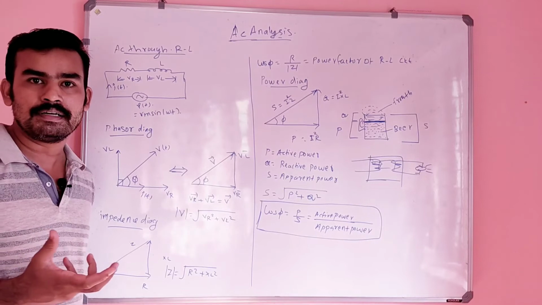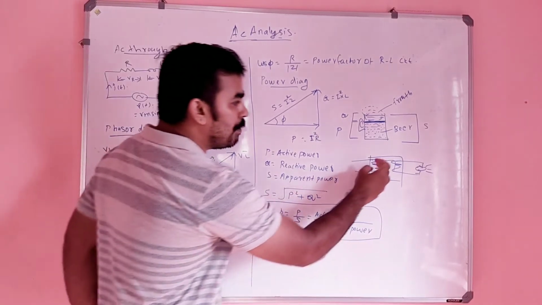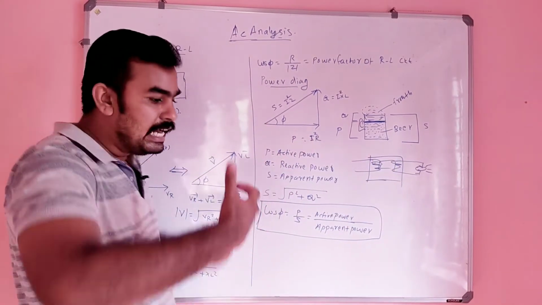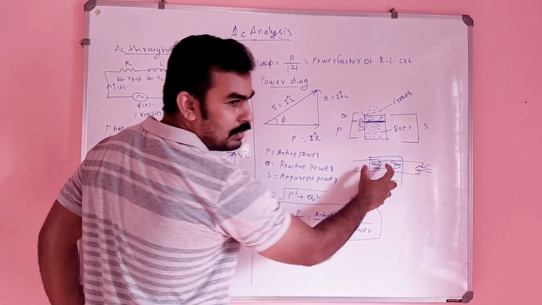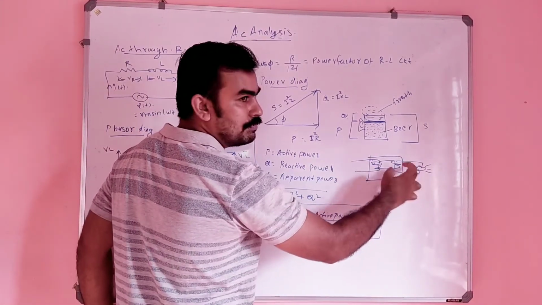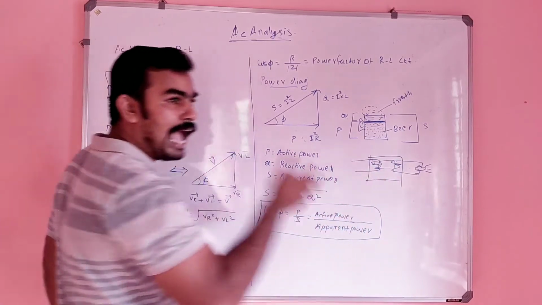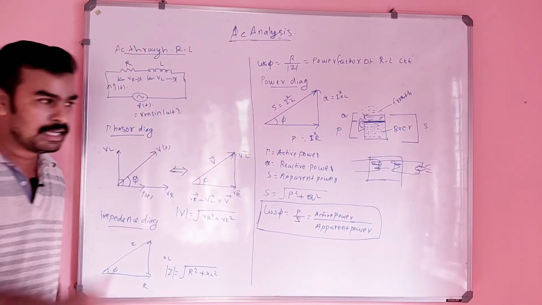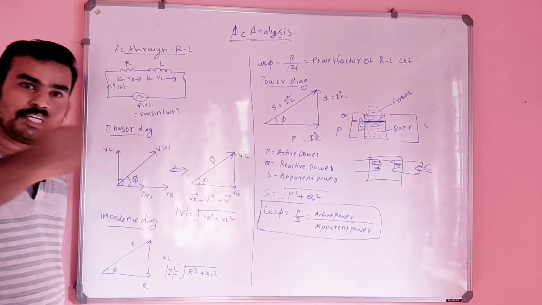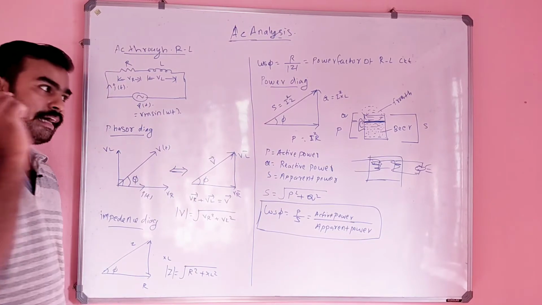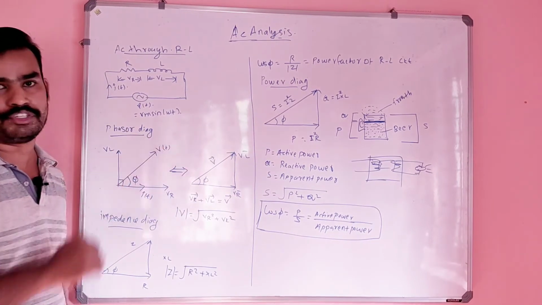But there is some power which is associated with the linkage of the circuit, no? Here it is a flux and here it is a flux. There should be some linking point, no? That linkage is actually responsible for the transfer of power from one circuit to another. That power is called the reactive power.